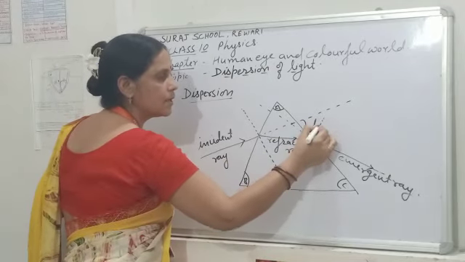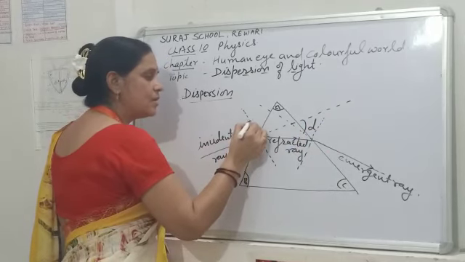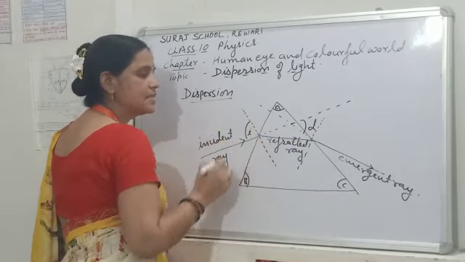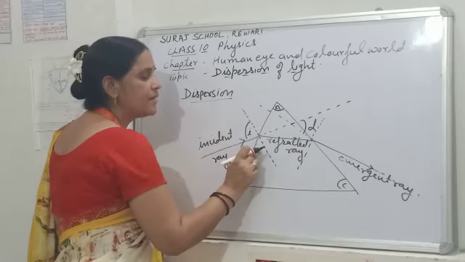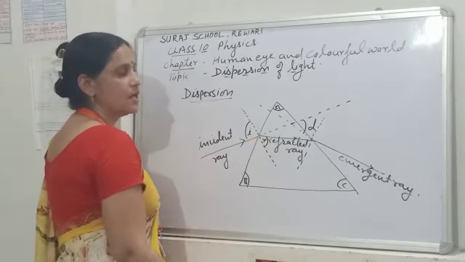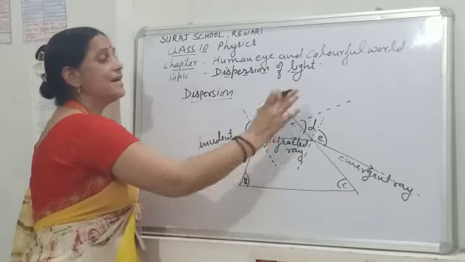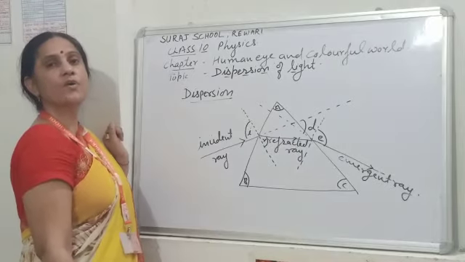Here also a normal. The angle between the incident ray and the normal is called the angle of incidence. The angle between the normal and the refracted ray is called the angle of refraction, and here the angle of emergence. So it is the refraction from a prism.